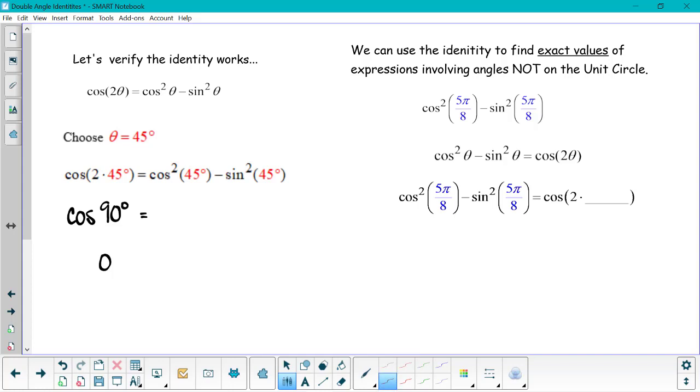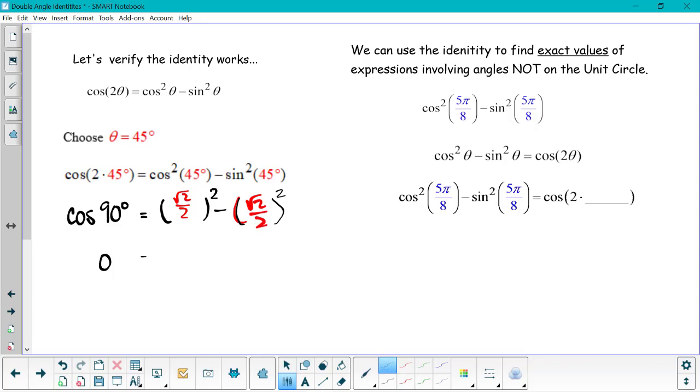All right, cosine squared 45 means take the cosine of 45 degrees and square it, which the cosine of 45 degrees is root 2 over 2. And the sine squared 45 means take the sine of 45 degrees and square it. And the sine of 45 is root 2 over 2.